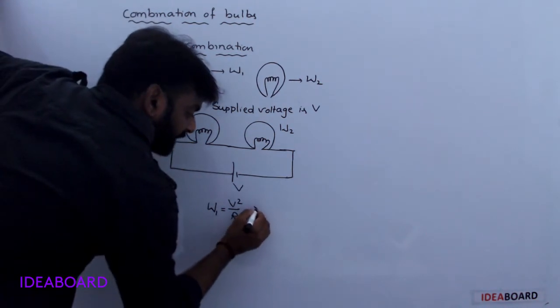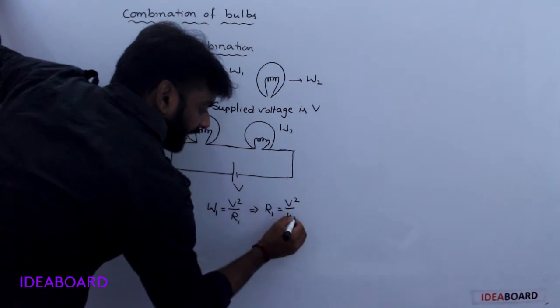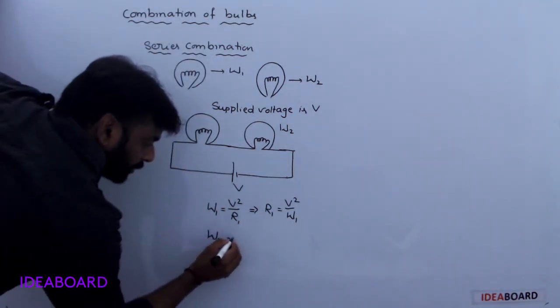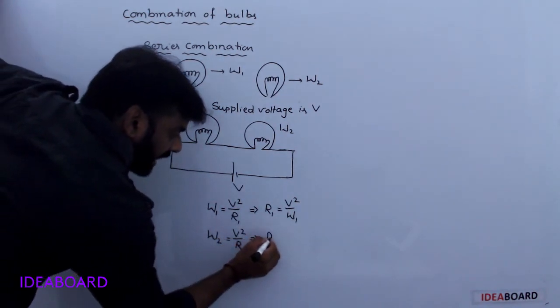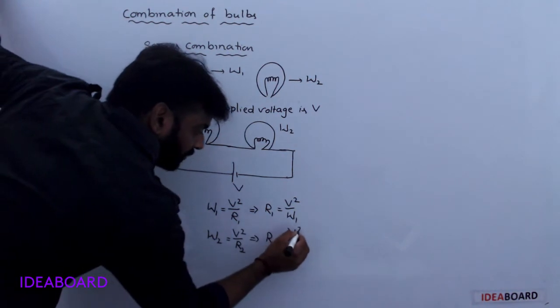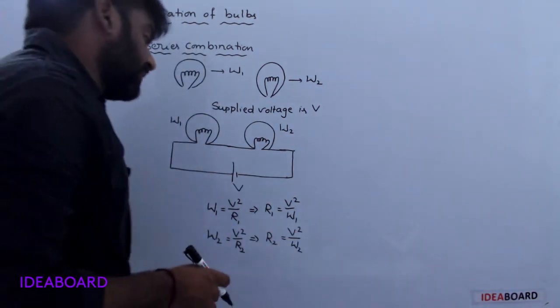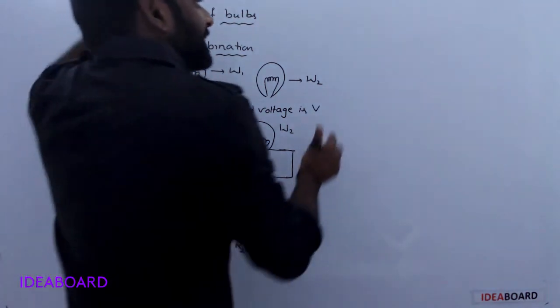From this, R1 is equal to V square by W1. Next, W2 is equal to V square by R2. R2 is equal to V square by W2. Okay, this combination is series combination.